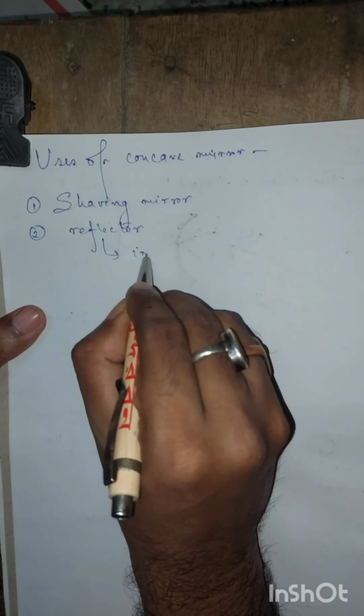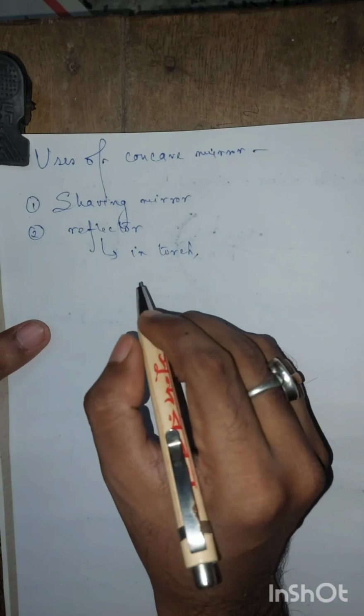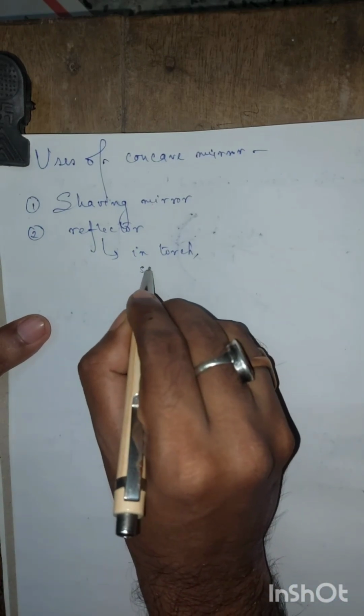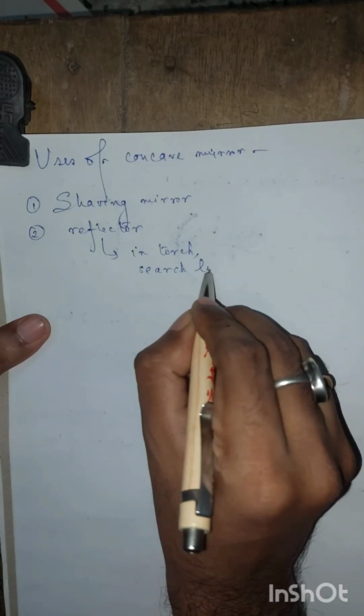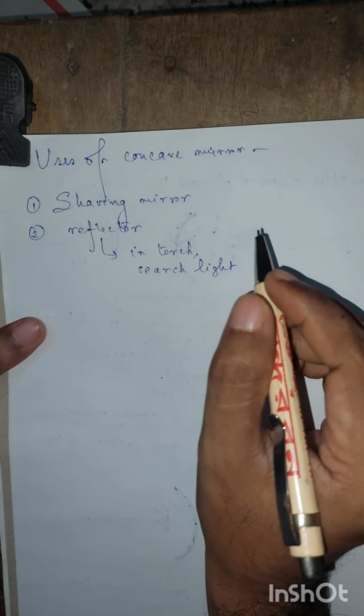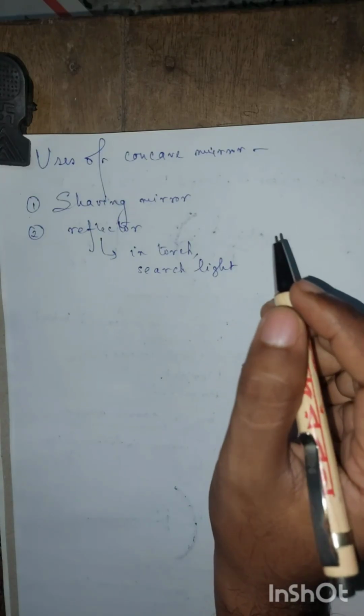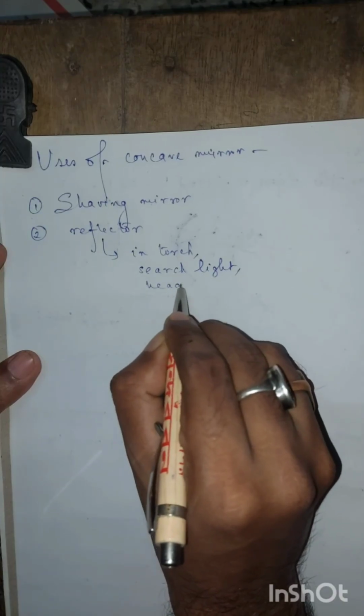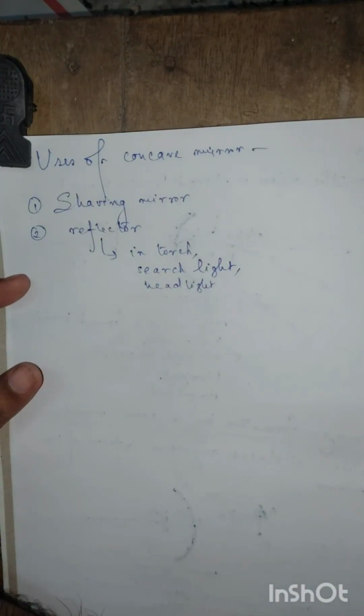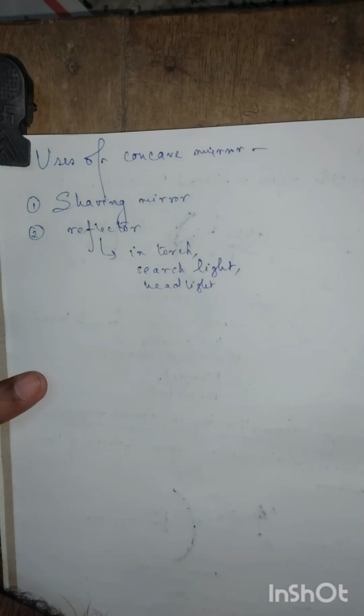Reflector in torch, searchlight, headlight of cars and other vehicles, where a concave polished metallic surface is used as a reflector.